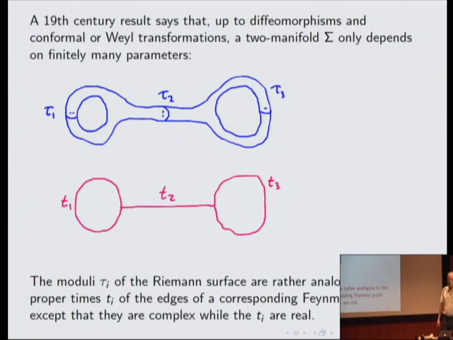And these finitely many parameters are cousins of the Schwinger parameters, in the sense that in a certain limiting situation, the real parts of these parameters are like the Schwinger parameters, although their imaginary parts are something new and stringy.